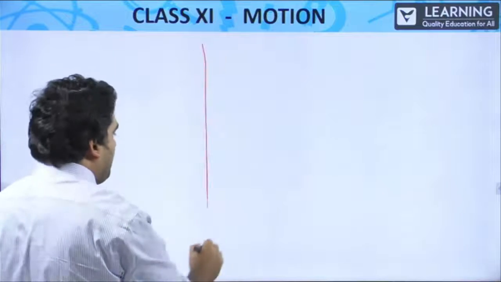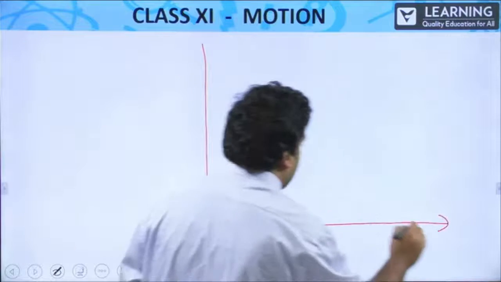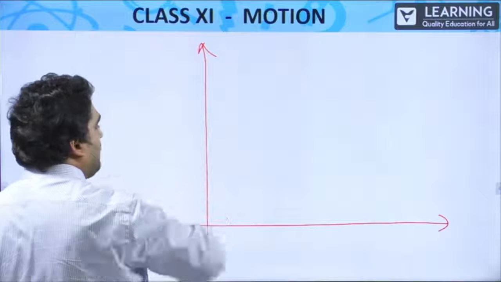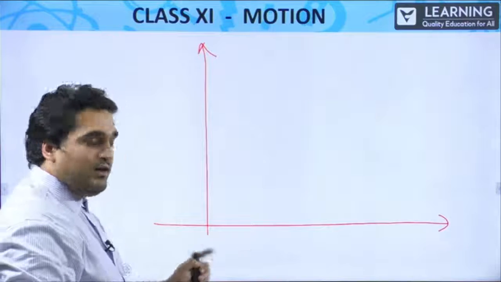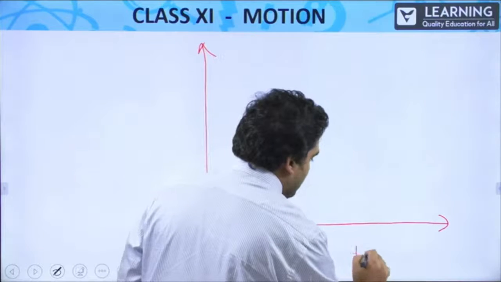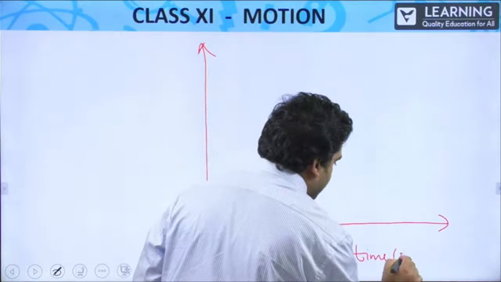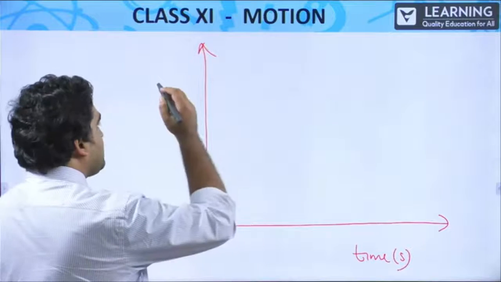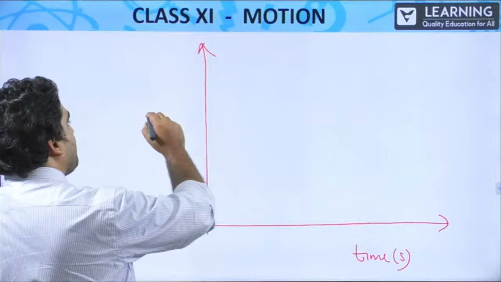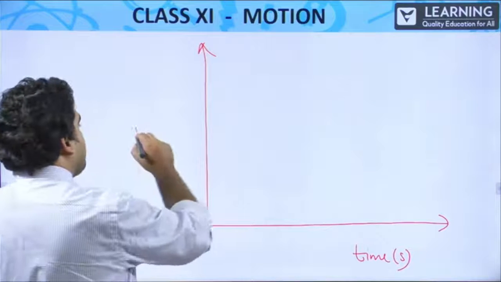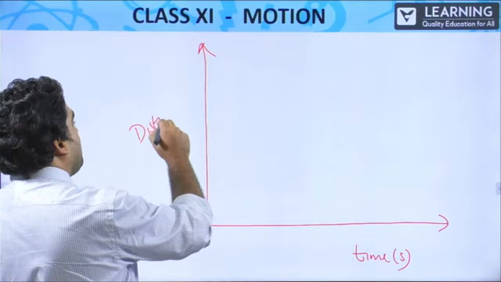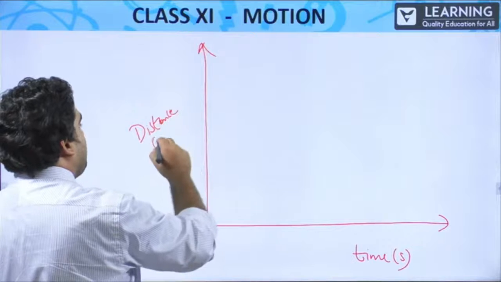So let us plot with two axes, x and y. Along the x axis you represent time, and along the y axis you represent distance, because this plot is an x-t graph.